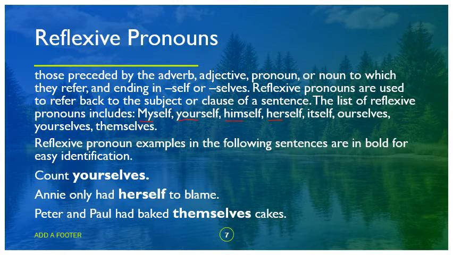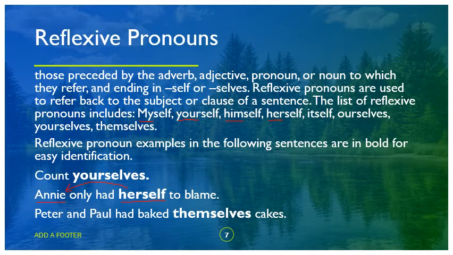Annie only had herself to blame. Now here, Annie is the noun and herself is a pronoun that is referring back to Annie. Annie only had herself to blame.